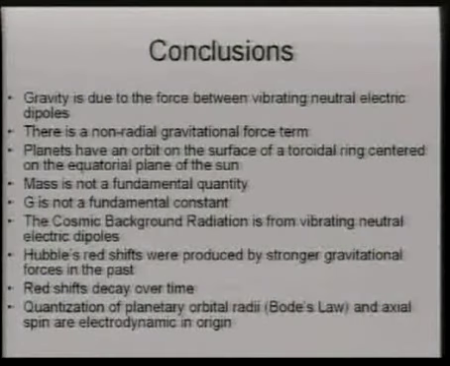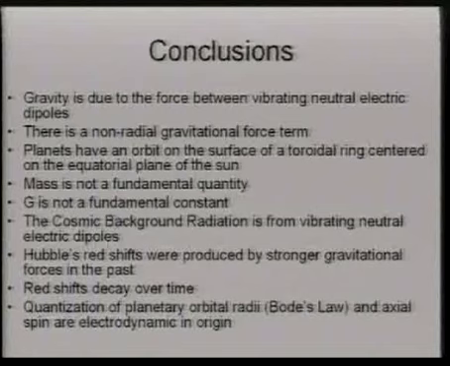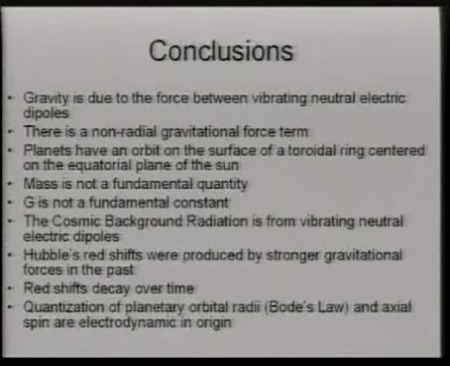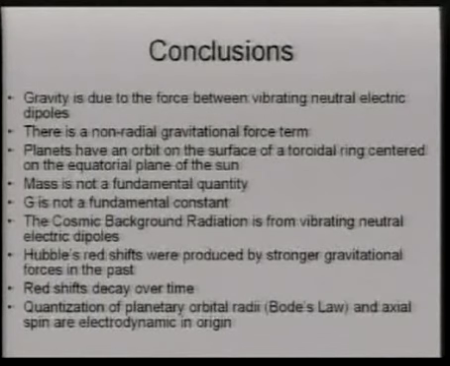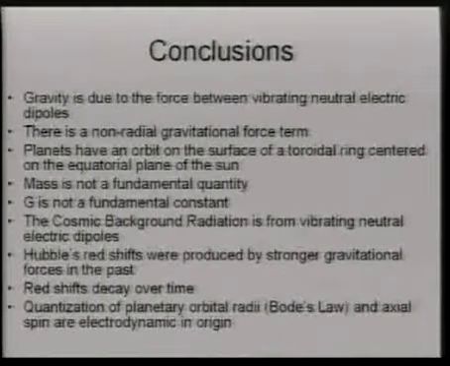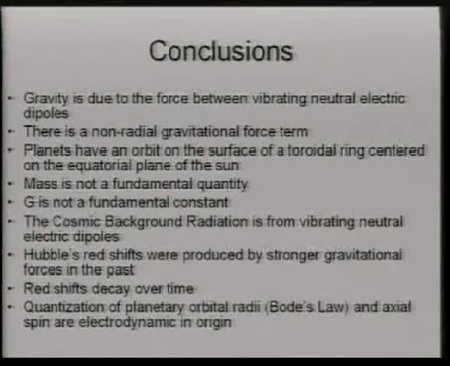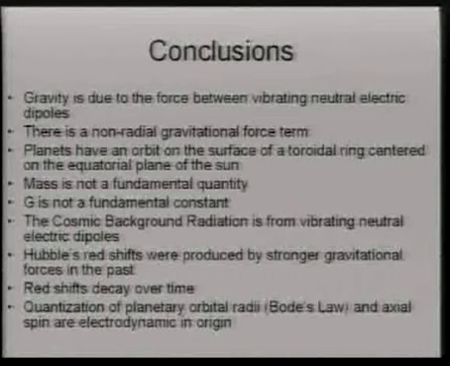So our conclusions then about gravity. Gravity is due to the force between vibrating neutral electric dipoles consisting primarily of protons and electrons. There's a non-radial gravitational force term. Planets have an orbit on the surface of a toroidal ring centered on an equatorial plane of the sun.